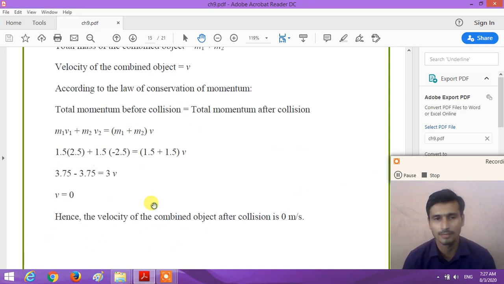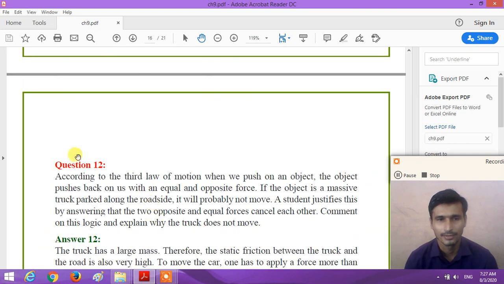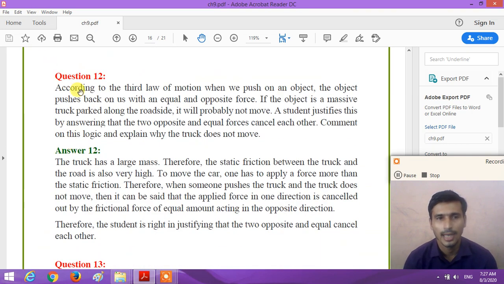Now question number 12. According to the third law of motion, when we push on an object, the object pushes back on us with an equal and opposite force. Dear student, when we apply a force on an object, the object also applies a force on us.